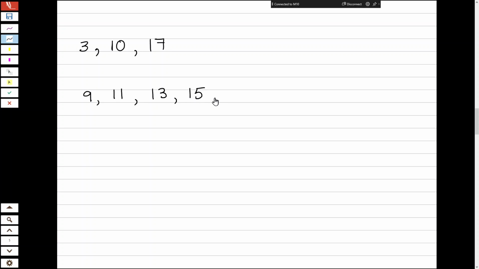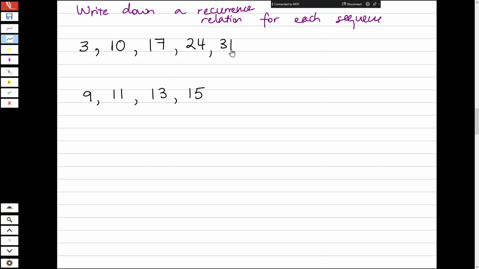So this is your task. Write down a recurrence relation for each sequence. Same thing as what we did there. Okay?